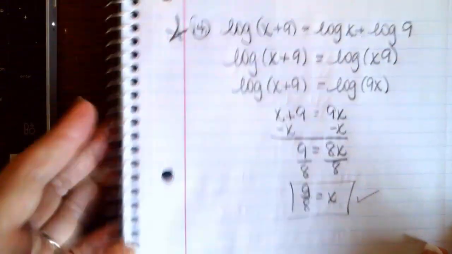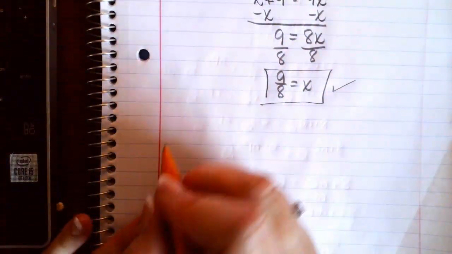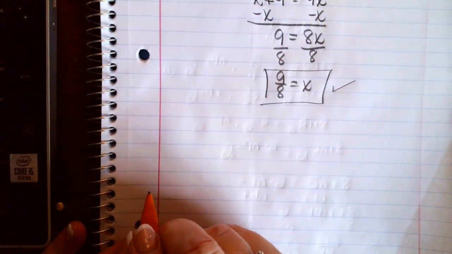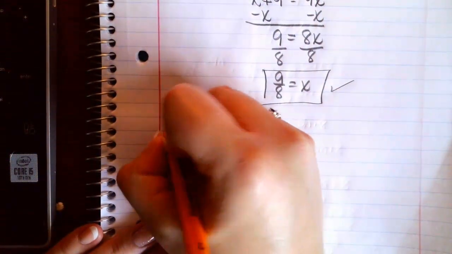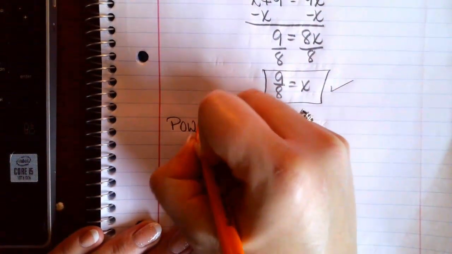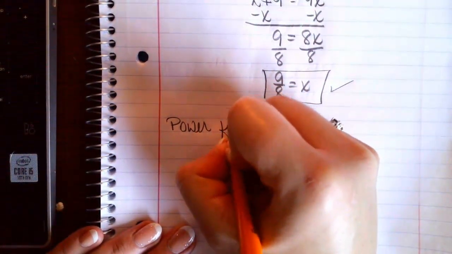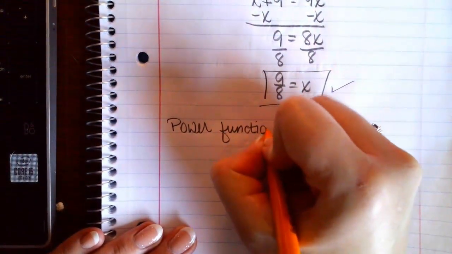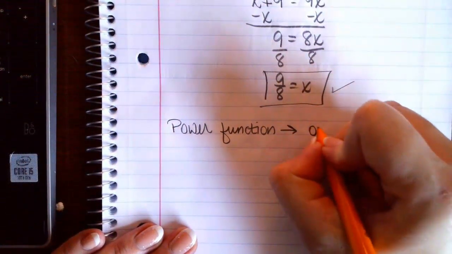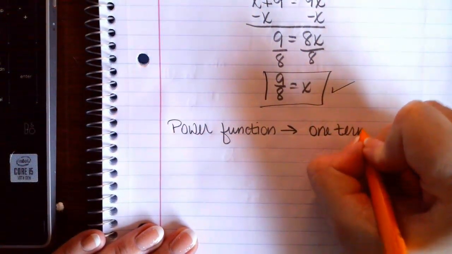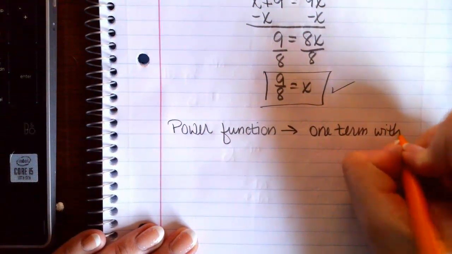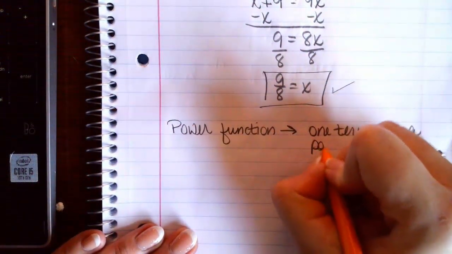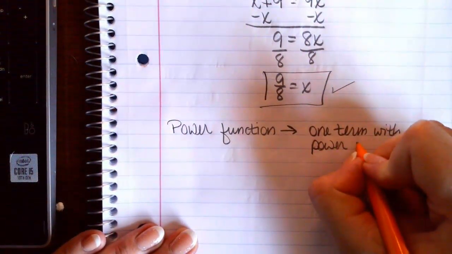Okay, so now we've got power functions and polynomial functions, both or neither. So a power function, we're just going to go through and define what these are. A power function is one term with a power on the variable.